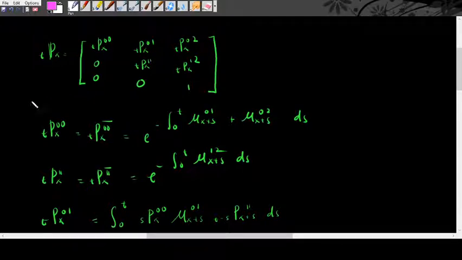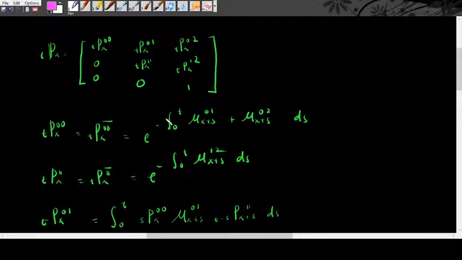So you cannot come back to state 0, and this value and this value will always be the same. From here we get the probability equals the exponential of negative the integral of mu x plus s 01 plus mu x plus s 02.